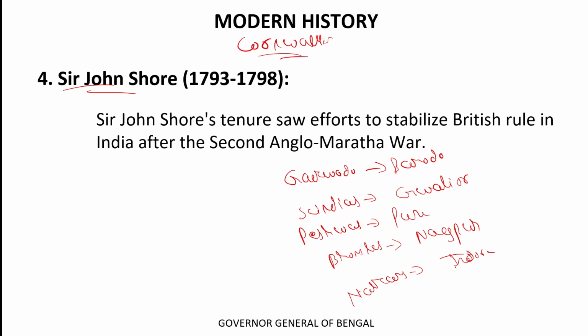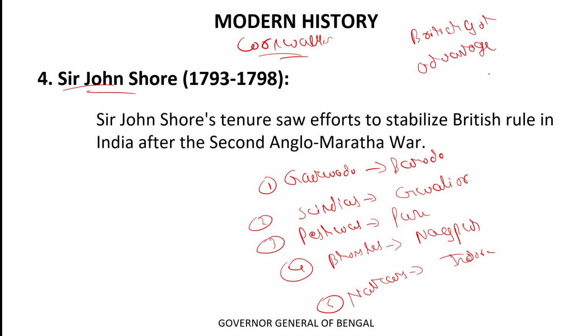So this is the clan of Marathas. When they had these 5 families, they had conflicts within themselves. You can say these 5 families were fighting with each other. That's why the British got the advantage to enter in between.